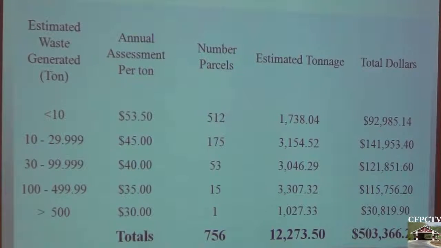You will note that total tons estimated to be brought in by this is $503,000. This is about $130,000 less than the projected funds that would be brought in based on the 2012 rate increase. And it's about $28,000 above what we expect to receive this year.